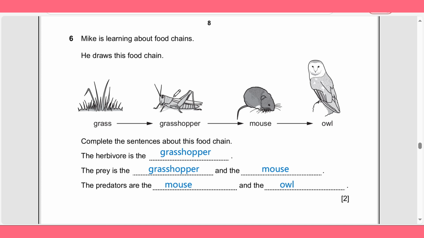Herbivore is the animal that eats the plant or producers. Now prey is an animal that is eaten by another animal, so in this case it's grasshopper, and grasshopper is eaten by the mouse, and mouse is eaten by the owl. Predators are animals that hunt other animals, so in this case it's mouse and owl, as mouse hunts grasshopper and owl hunts the mouse. Let's move on.